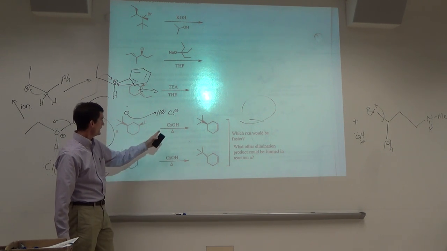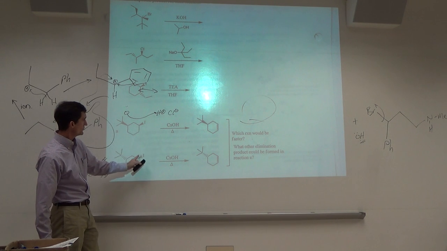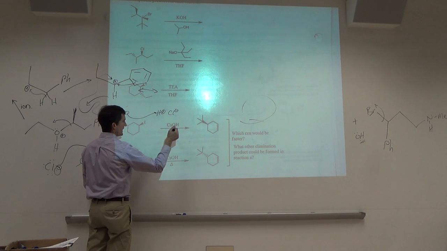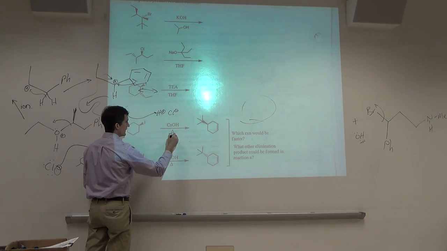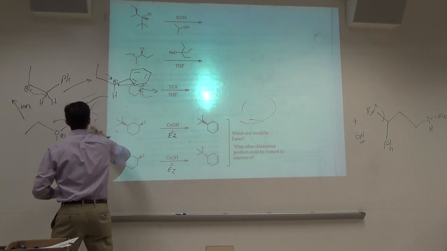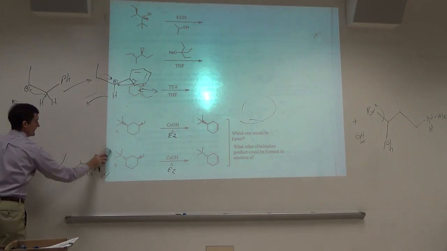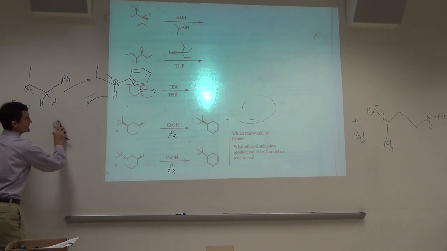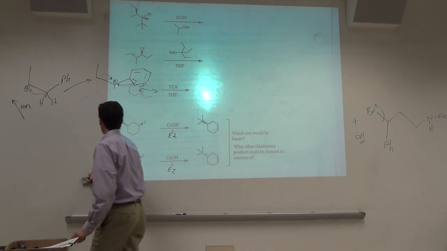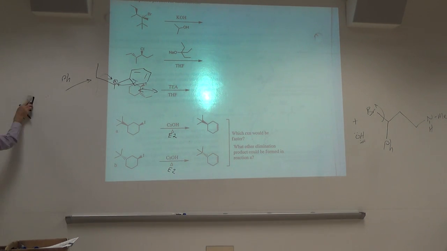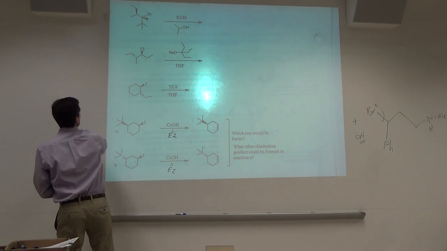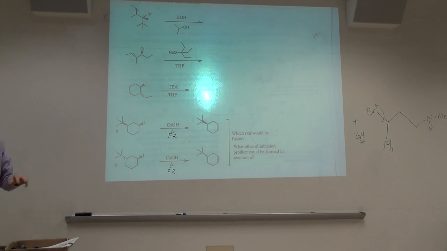Both of these have a hydroxide base, leaving group, double bond, so we're doing elimination. Because this is hydroxide, we're doing what type of elimination? We're doing E2. Which reaction would be faster?